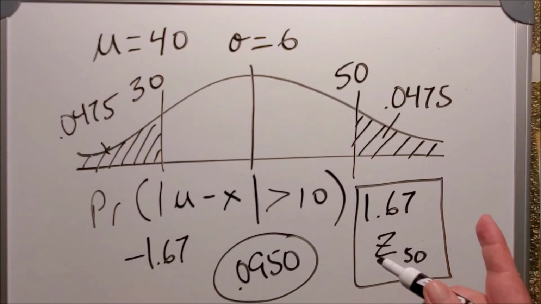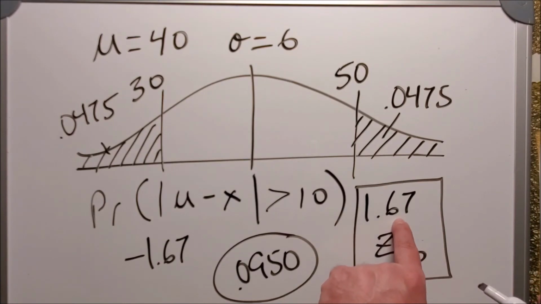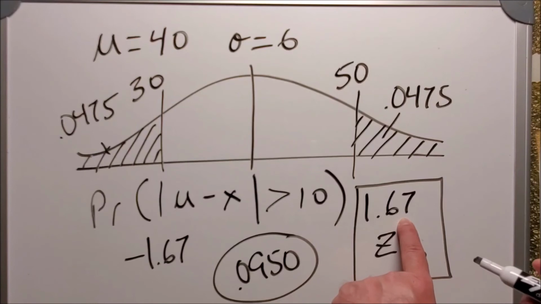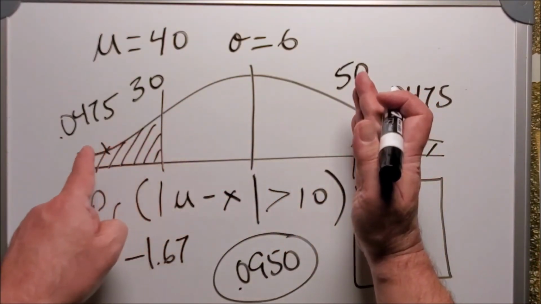If you wanted to do it a different way, you can actually solve for the area to the left of 1.67. It's going to be 0.9525. That's this whole area from here to here.